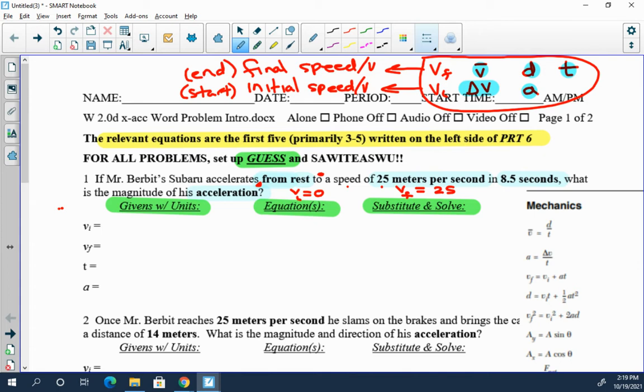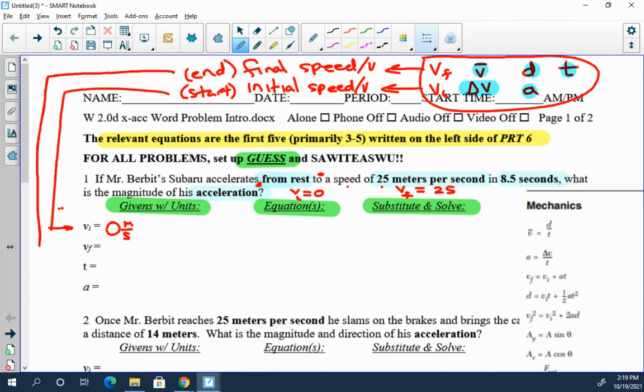So when you properly set up your givens here, your VI, or your starting speed, is 0 meters per second. Yes, put your units with it, even a 0. To 25 meters per second, that's your ending or your final speed. That goes here, 25 meters per second.